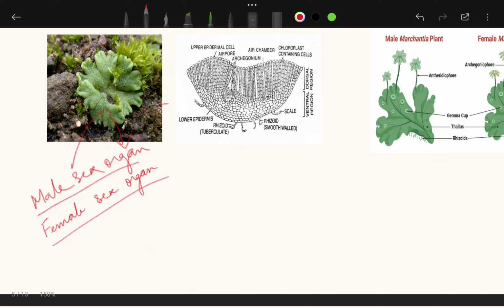This is the example of Riccia. As you can see here, archegonium is formed. Antheridia is not mentioned here, but antheridia will also be formed inside the plant body.